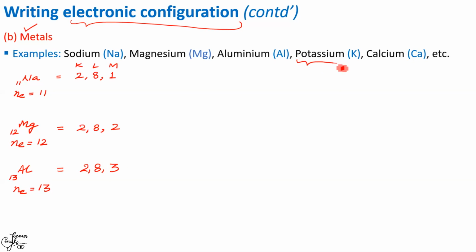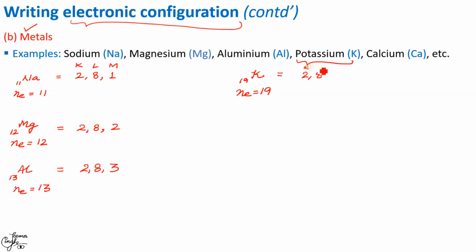Moving on to potassium. Potassium has atomic number 19. Be a little careful while writing the electronic configuration of potassium. Just see here, the number of electrons is equal to 19. So the electronic configuration is 2, 8, right? So we have 8 plus 2, 10 electrons already accommodated. 19 minus 10, we have 9 electrons.